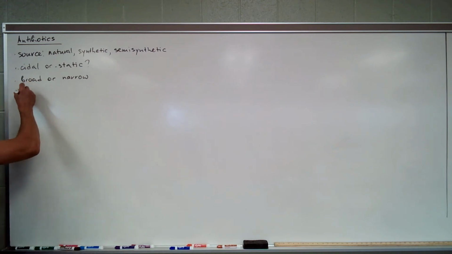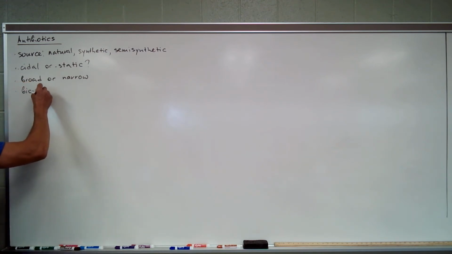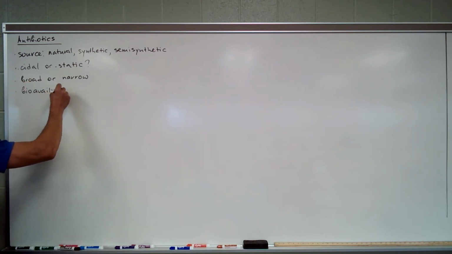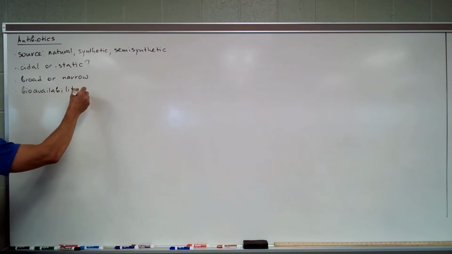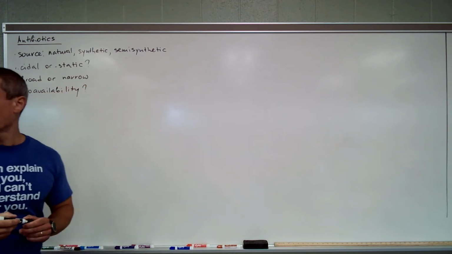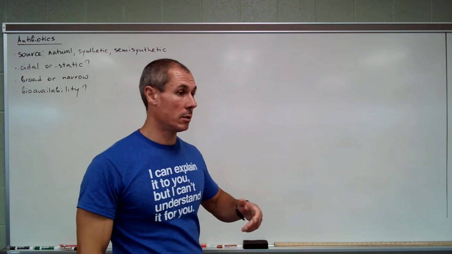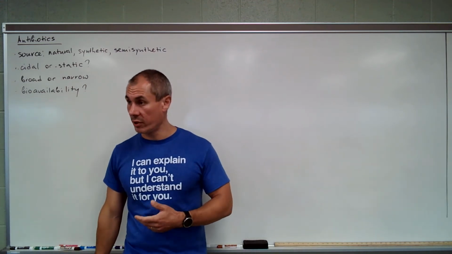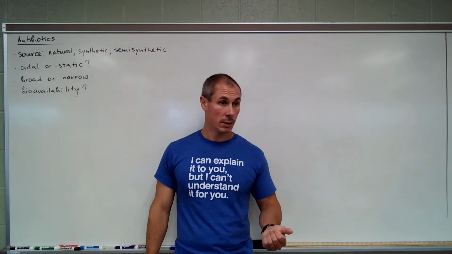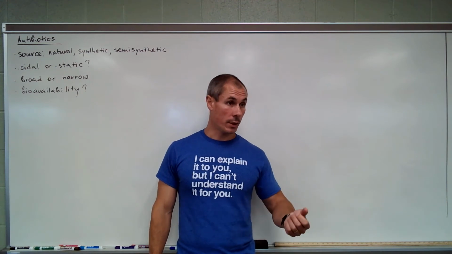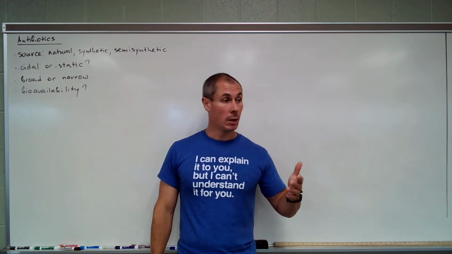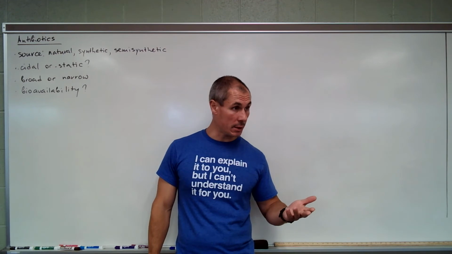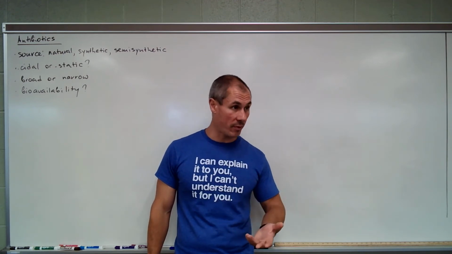Bioavailability. How are you going to administer the antibiotic? Are you going to use oral or intravenous or intramuscular? Does that make sense? For instance, a really good example. Are you familiar with amoxicillin? That's the drug that's prescribed for strep throat, right?